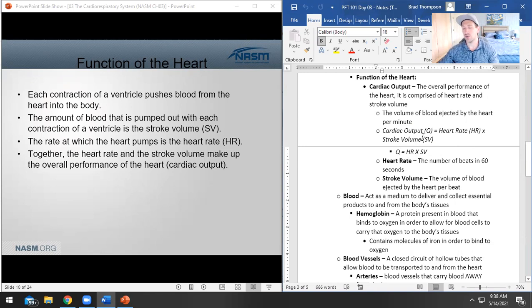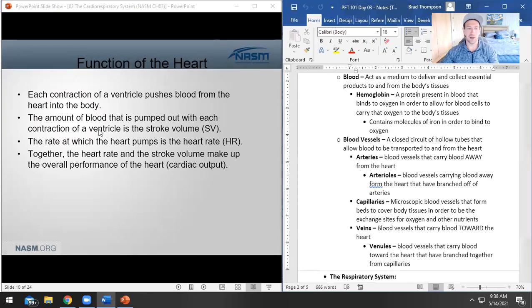That's because Q technically stands for quotient. It's the quotient of blood per minute. So anyway, you may get the definition of heart rate, the definition of stroke volume, the definition of cardiac output, or they might ask you what the components of cardiac output are. And the components are heart rate times stroke volume.